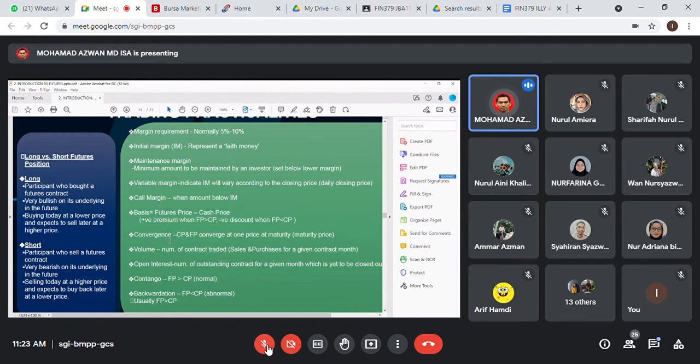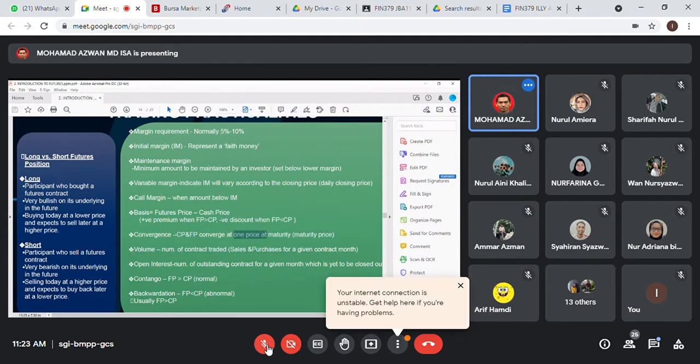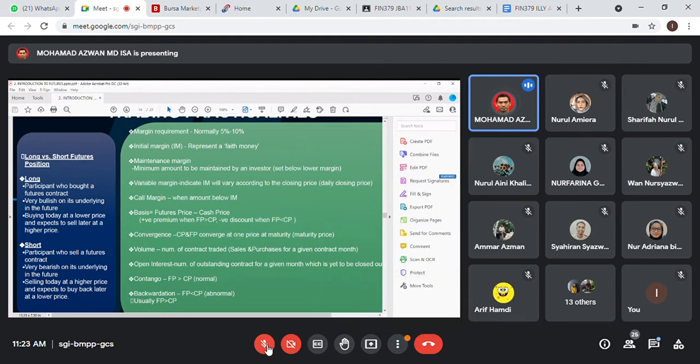The term is convergent. Convergent. Okay, convergent is where future price and cash price is the same. Okay, this is happen actually at maturity date. Maturity date. Okay, convergent is where future price is equal to cash price. Okay tak?